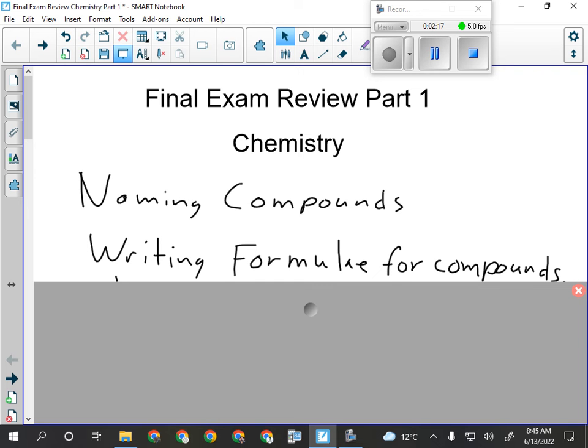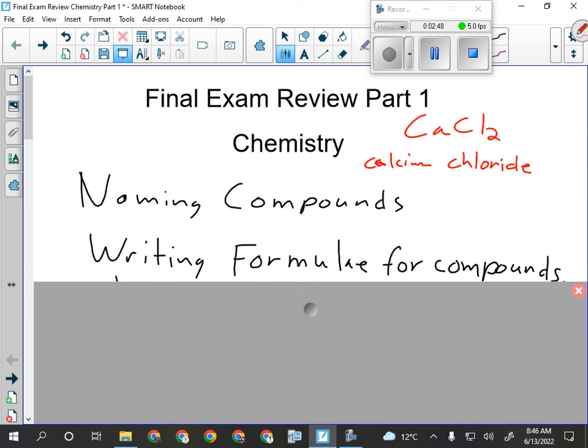So if we are looking at, let's say, this compound, I would write the name of the metal, Ca stands for calcium, and I would write the name of the nonmetal, and it needs to end in -ide: calcium chloride. No prefixes in an ionic compound, not ever.